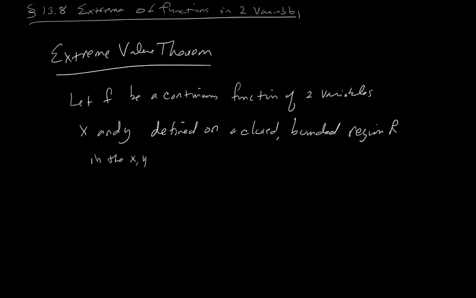in the xy plane. To give you an idea of what we're looking at here, f is a function of two variables, right? So I've got some surface f, whatever that might look like, hanging out in 3 dimensions. And it is defined on some region R in the xy plane. So whatever that region might be, maybe it's this disk here.